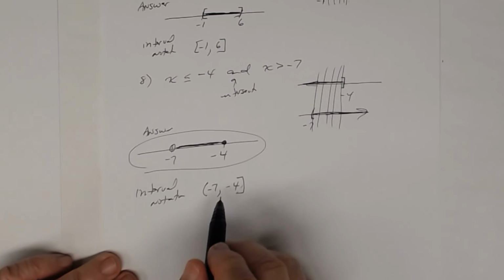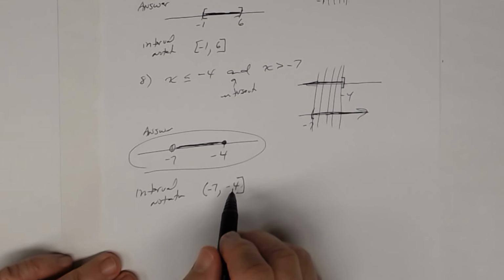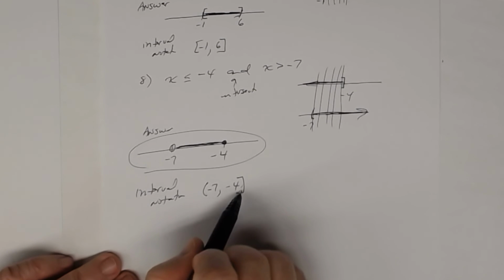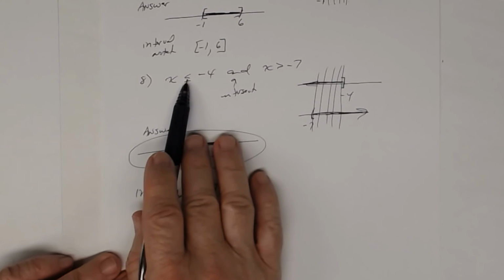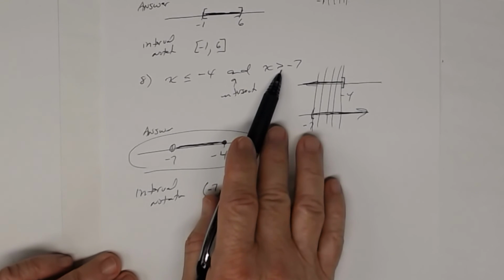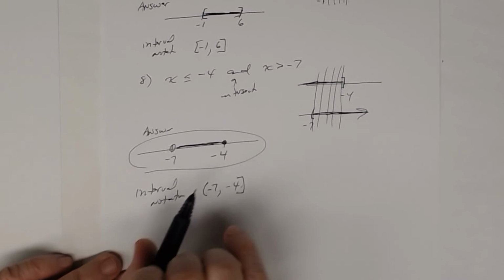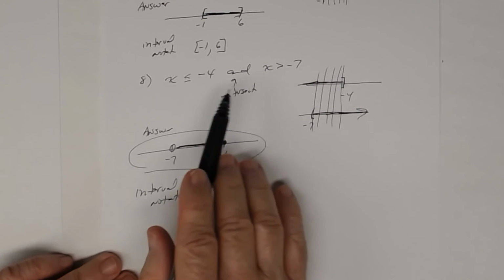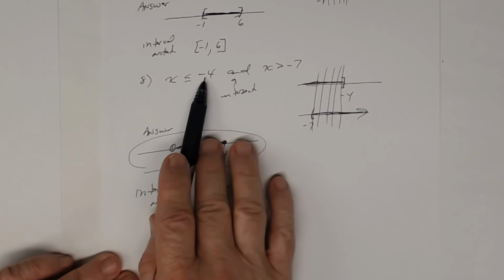All right. So for example, let's look at -4. So -4 is a solution, right? And remember that and statement. So is -4 less than or equal to -4? Yes, it's equal to. Is -4 greater than -7? The answer is yes. But let's see why -7 is not a solution. Is -7 less than or equal to -4?